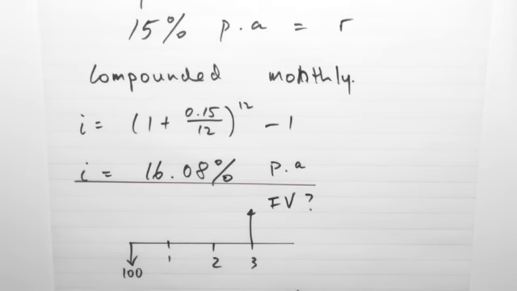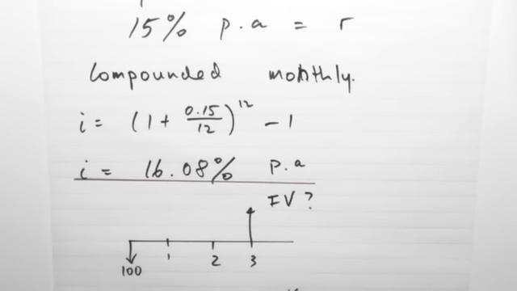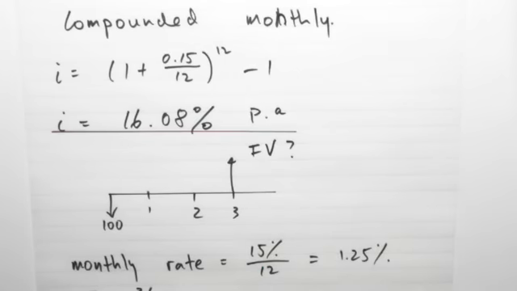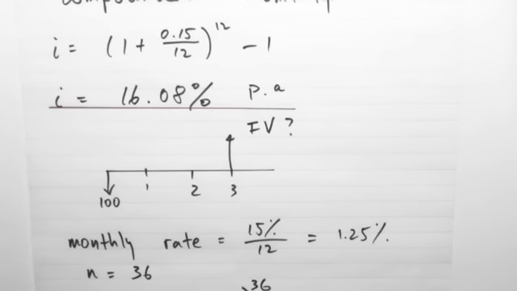If we're going to do this using nominal interest rate, which we can, the first thing we need to do is divide it by 12 to get our monthly rate, because we know it is compounded monthly. So the interest rate per month is 1.25%. The next thing we need to know is how many periods we have. Since it's monthly compounding, in 3 years we will have 36 compounding periods, so our n will be 36.